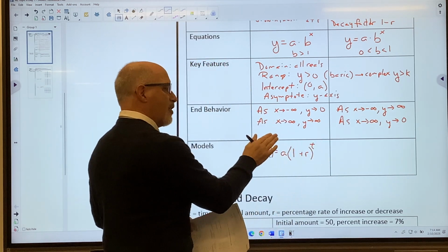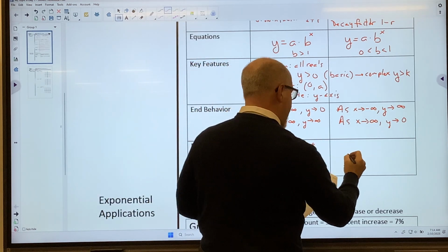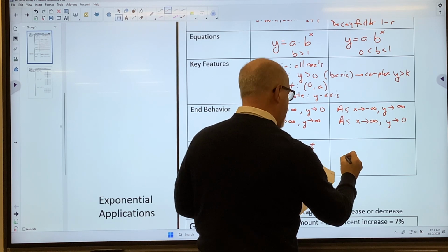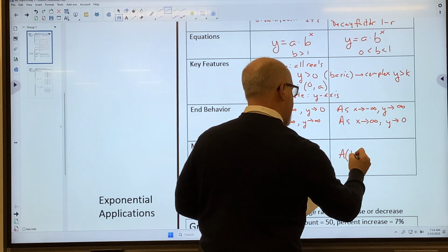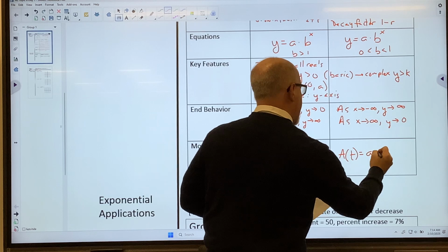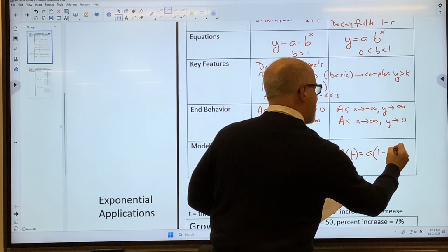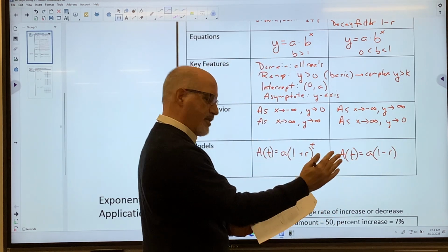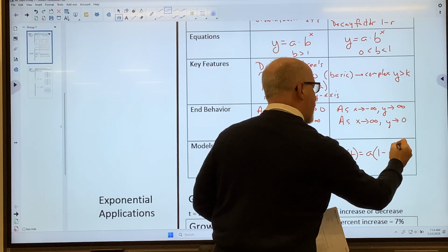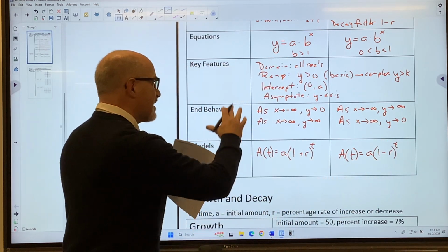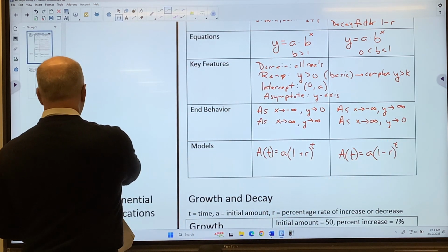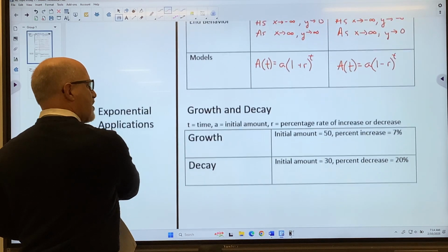So the variable here will be time, and for decay, that's going to be A of t equals a times 1 minus, you subtract the rate here, so 1 minus r to the t power. So that's a summary of what our growth and decay are going to look like.